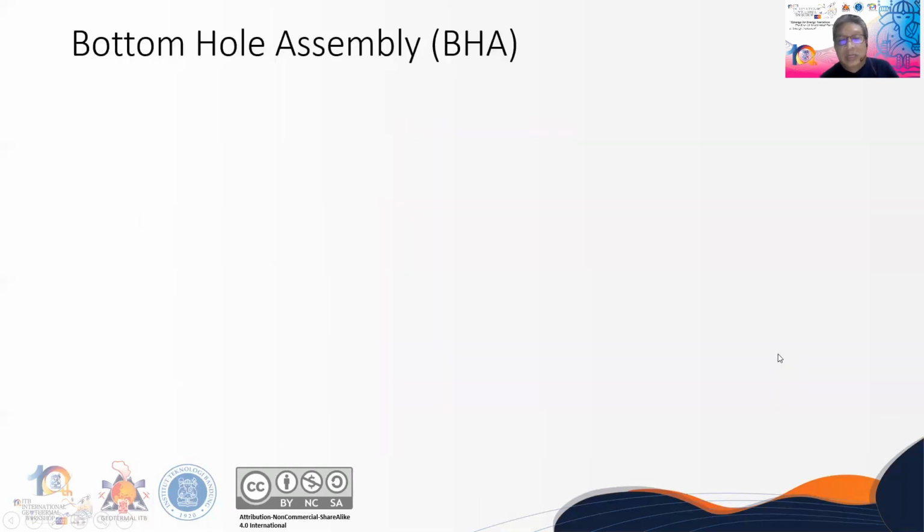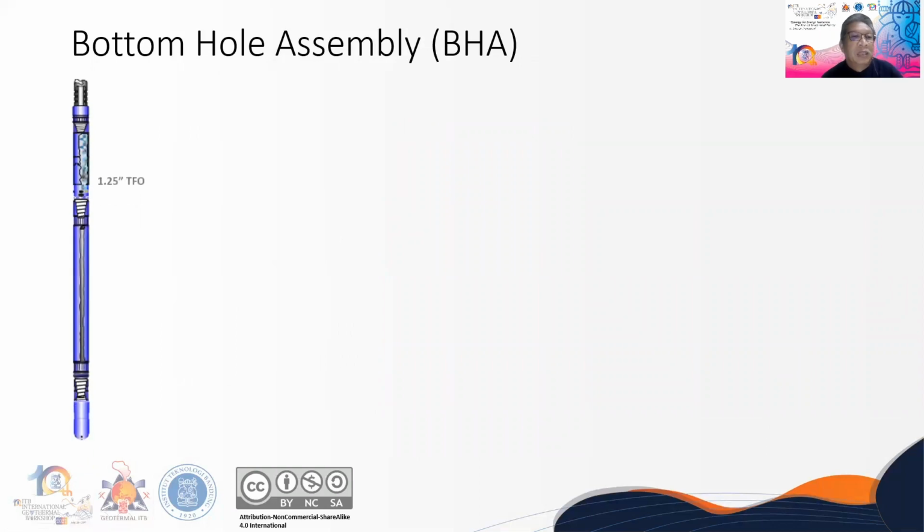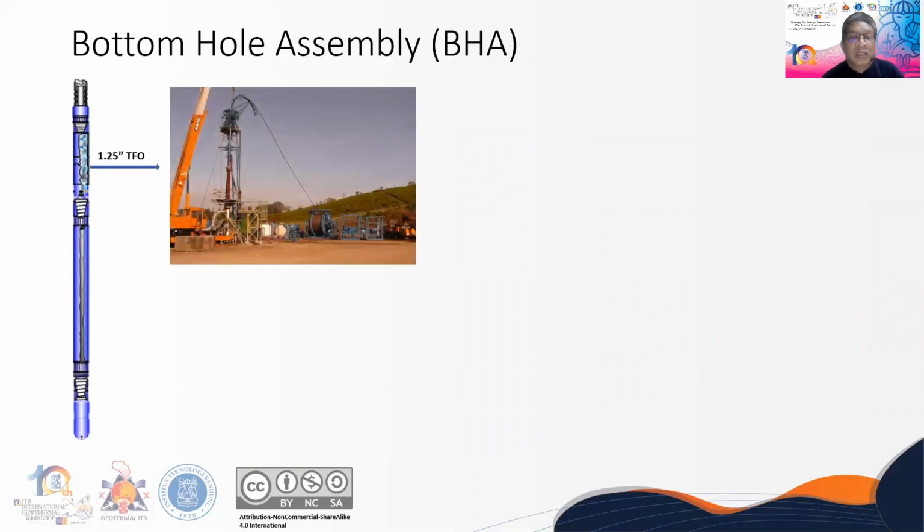This is the bottom hole assembly for CTU application, coil tubing unit. We can see that we use a 1.25 inch OD TFO for coil tubing application. This is a very simple BHA.